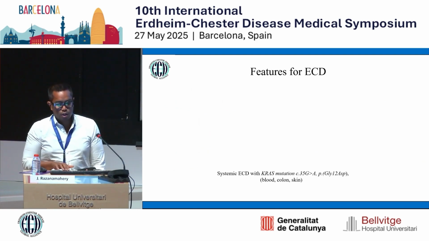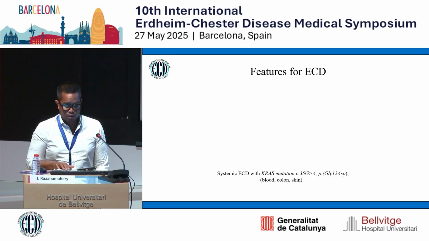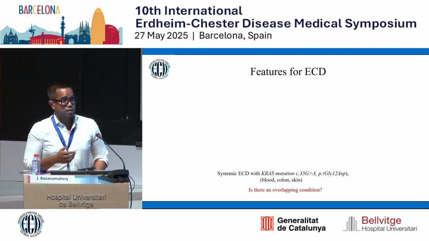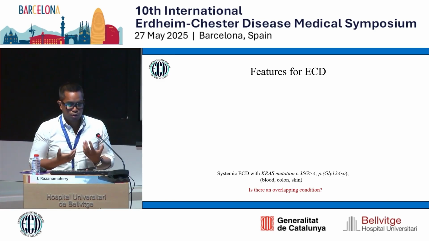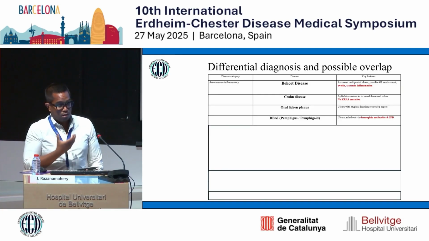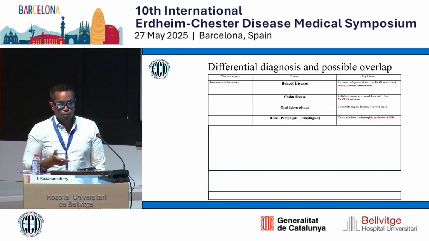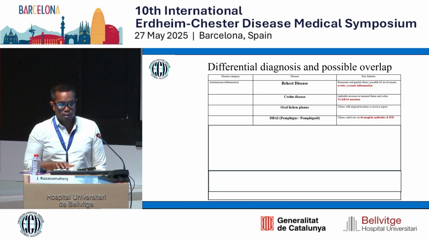But all the biopsies show mutation of KRAS in the blood, in the colon, and in the skin. So the conclusion is that the patient got a systemic ECD with KRAS mutation, but is there an overlapping condition? Because the presentation is not really usual. So with that kind of presentation, we have to rule out Behçet disease, of course, Crohn's disease, lichen planus, and pemphigoid.